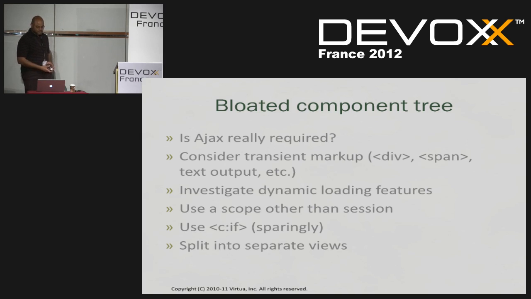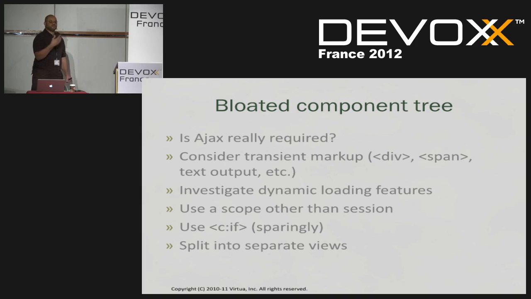Some component libraries have dynamic loading features, okay? For instance, in PrimeFaces, the tabView component has a dynamic property that will dynamically render a tab when it needs to be displayed. In that way, I don't have to worry about setting rendered equals false or anything like that.